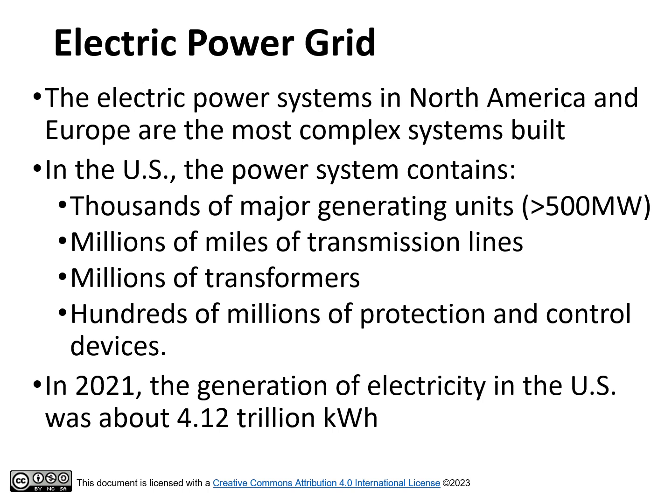In the USA, the power system contains thousands of major generating units greater than 500 megawatts, millions of miles of transmission lines, millions of transformers, hundreds of millions of protection and control devices. In 2021, the generation of electricity in the US was about 4.12 trillion kilowatt hours.